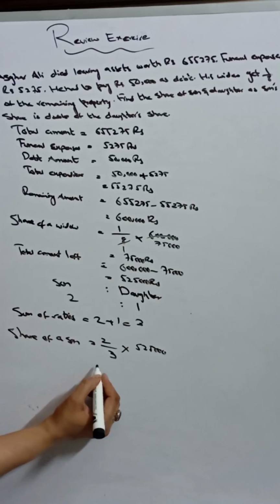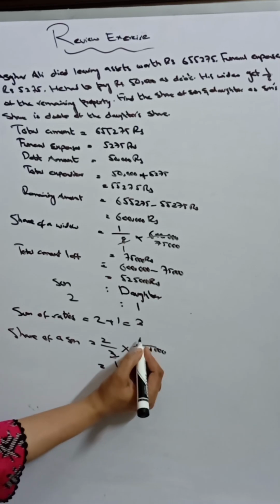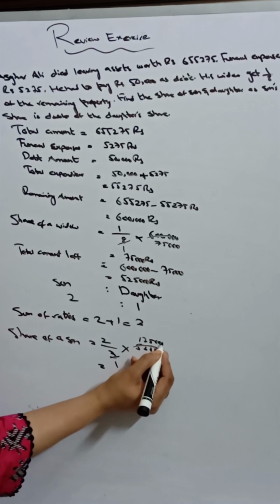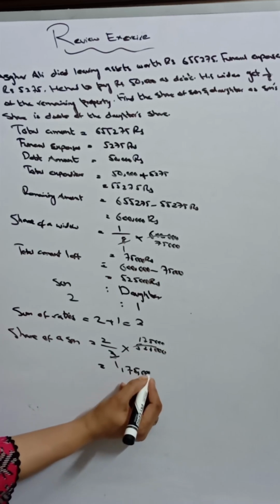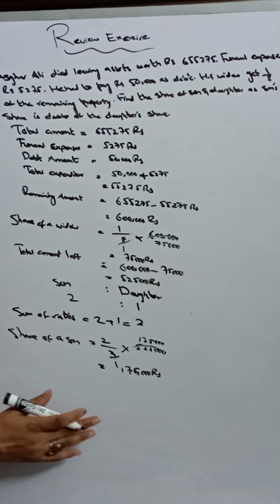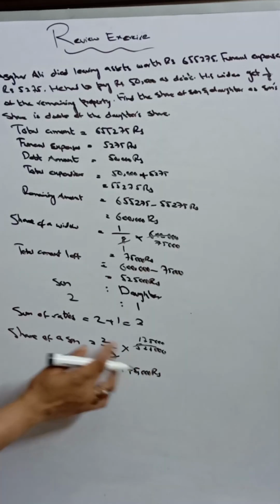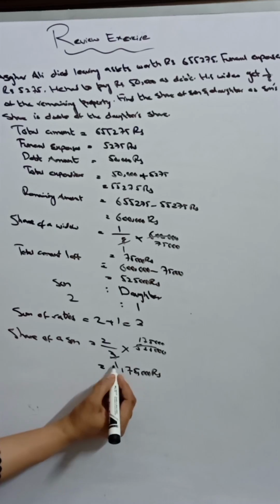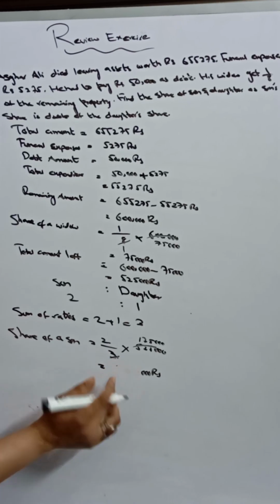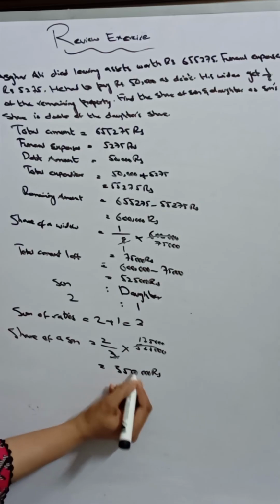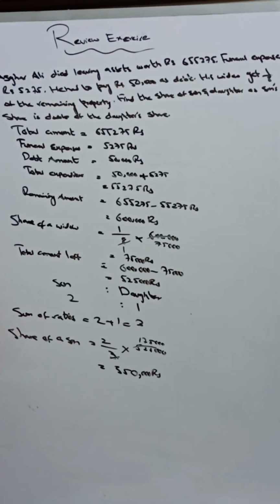Just cut it off. 3 ones are 3, 3 sevens are 21, 1, 2, 3 zeros. So the answer is 1,75,000 rupees. This is multiplied by 2, which I forgot. It becomes 3,50,000 rupees. This is the share of the son.